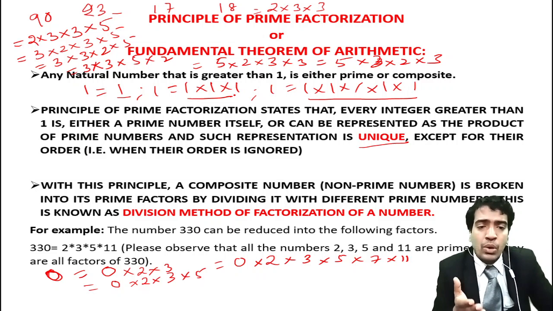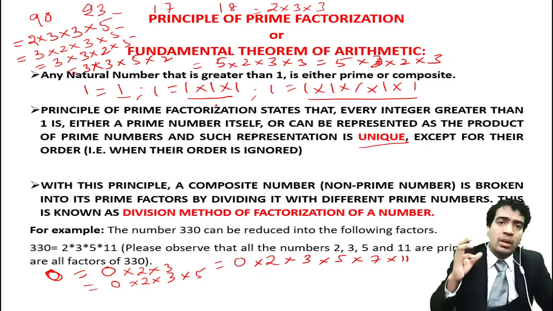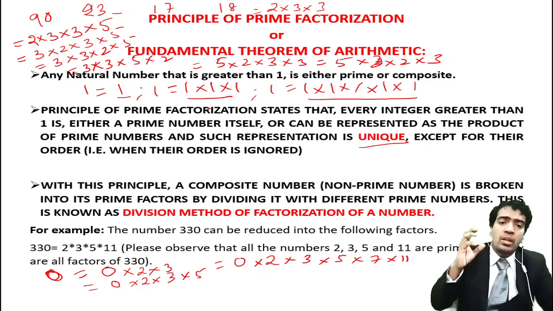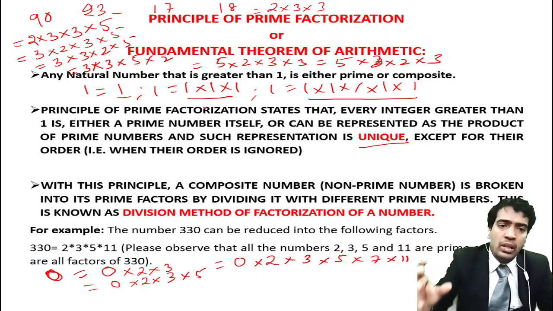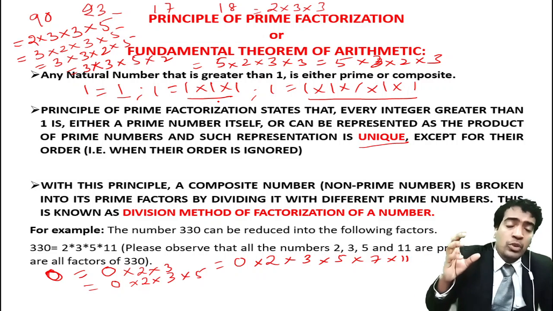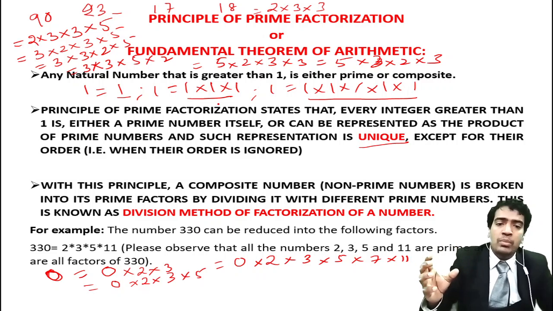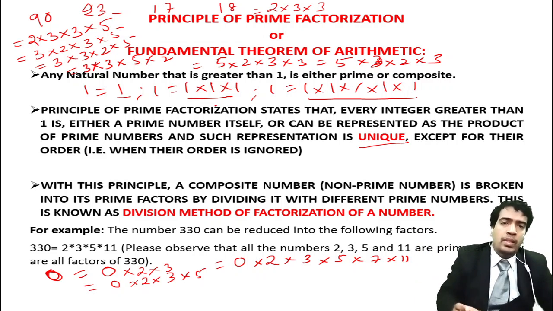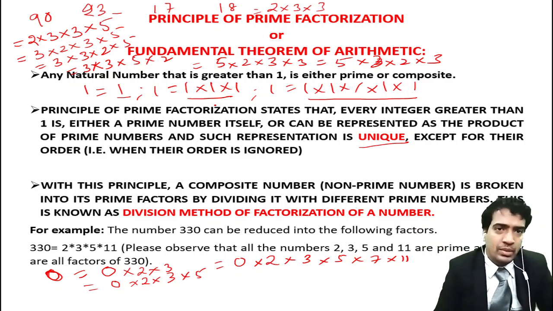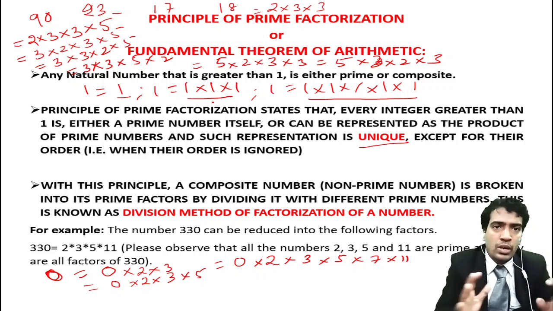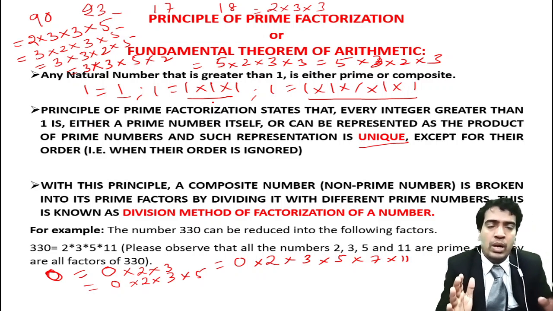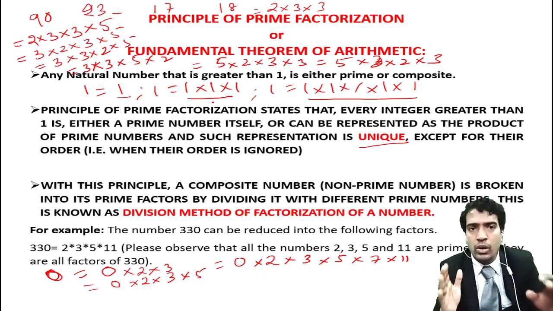So for the condition of 0 and 1 failing to satisfy the test of the fundamental theorem of mathematics, which means that 0 and 1 cannot be represented as a product of prime numbers in a unique manner, they are not called composite numbers. I hope you understood now, from the standpoint of the fundamental theorem of mathematics, why 0 and 1 are not called composite numbers.